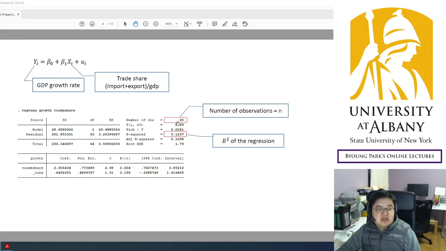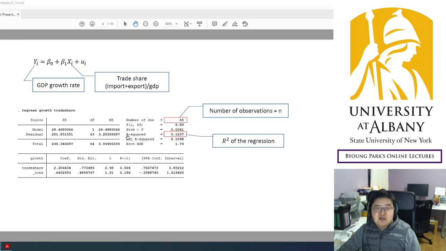The sample size is 65, and in our data set, you can check that there are 65 countries. So the number of countries in our example is provided here.